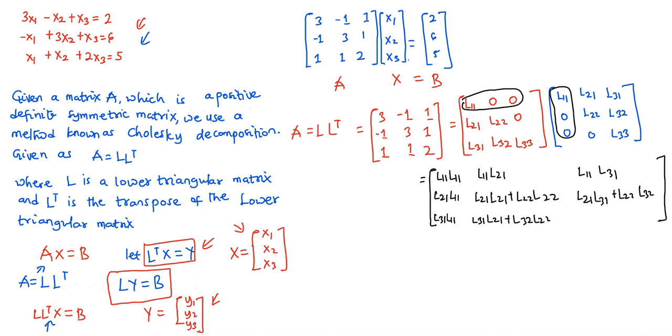And then last we are going to have L31 multiplying L31, plus L32 multiplying L32, plus L33 multiplying L33.